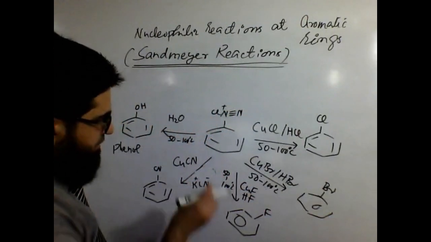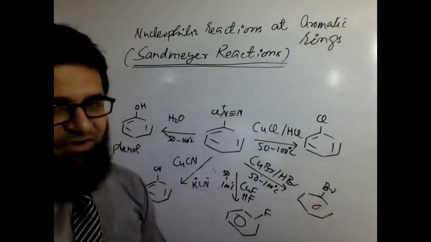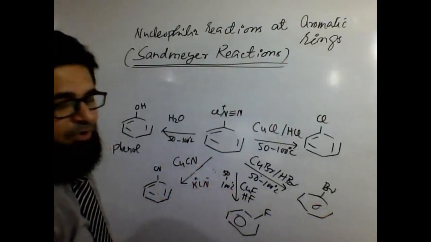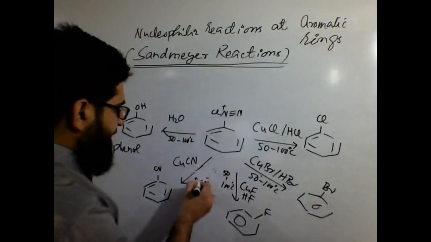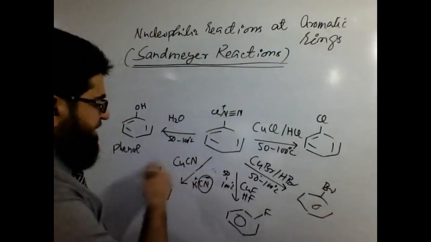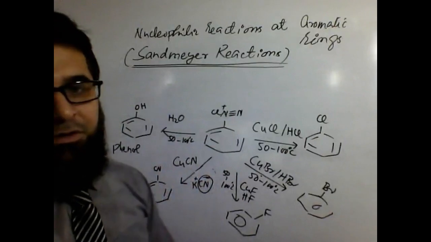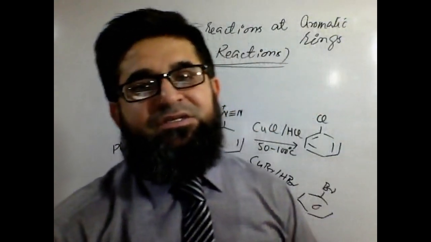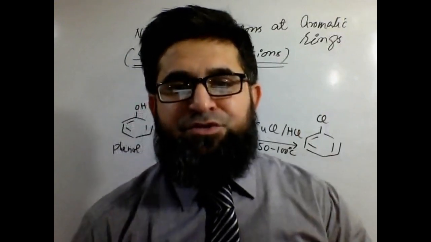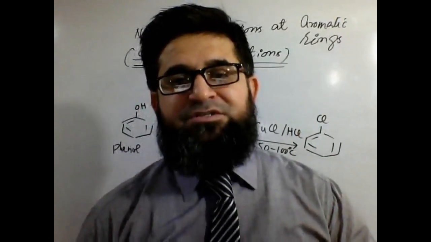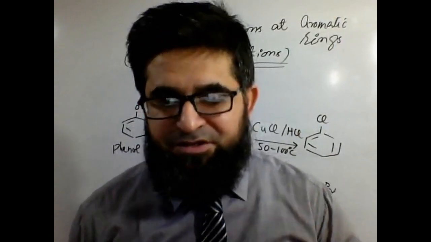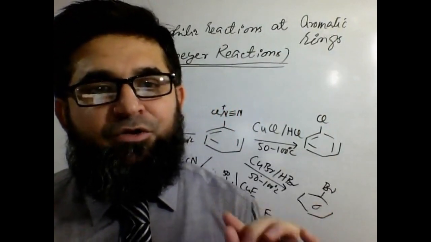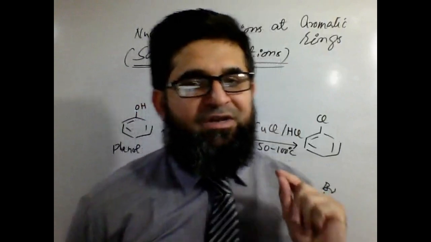As soon as it is put into the flask, it will dissociate into CN negative and K positive. Now CN negative will be free to participate in the reaction. So that's why KCN is preferred in place of HCN, because HCN is a weak acid. You need free cyanide ions, CN negatives, so that they can participate.